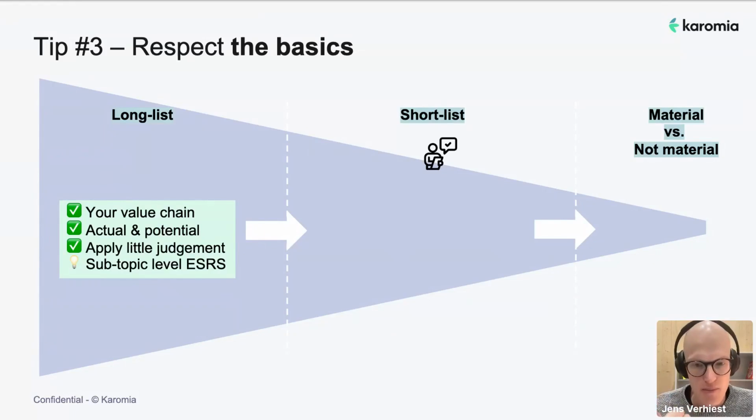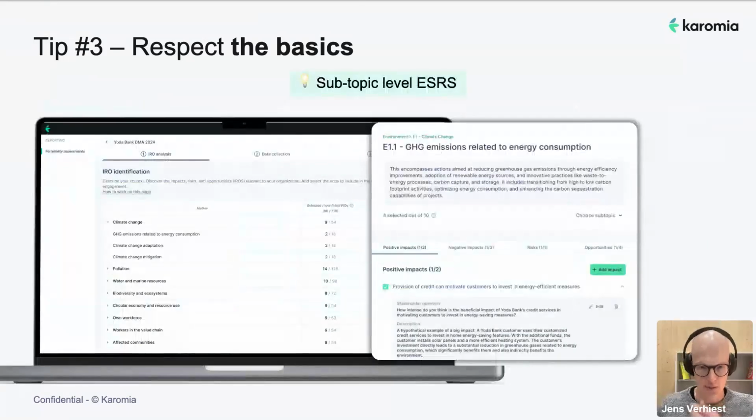It will make sure that you're more exhaustive and it will bring opportunities down the road for you when it comes to the scope of your CSRD report. That's also how we do it with our clients. We actually take the ESRS topics as the starting point, and per ESRS topic and subtopic, we will categorize and make sure that we identify all of the potential and actual impacts, positive, negative, risks and opportunities.